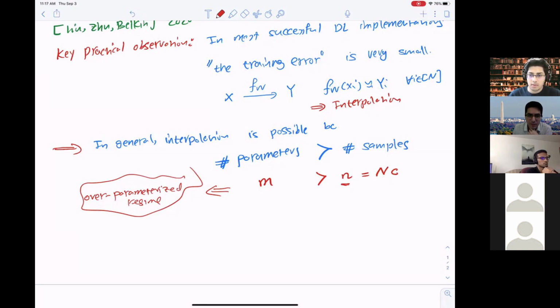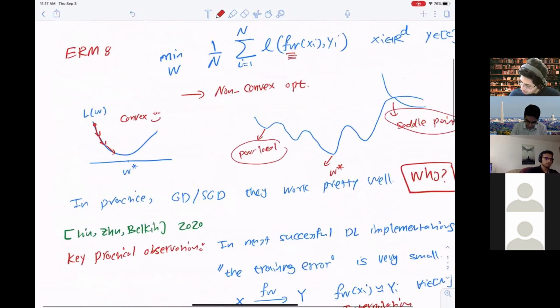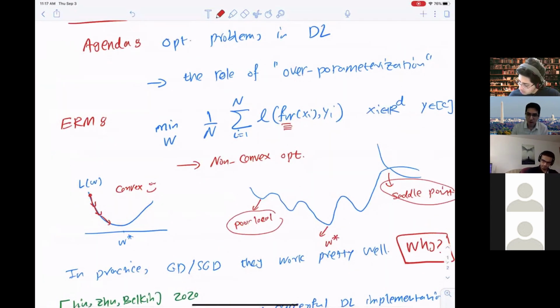So there's another question about C. C is the number of labels we have. So here the setup is that my y is basically a classification problem with C labels.